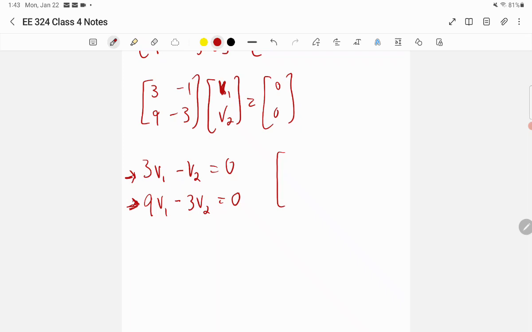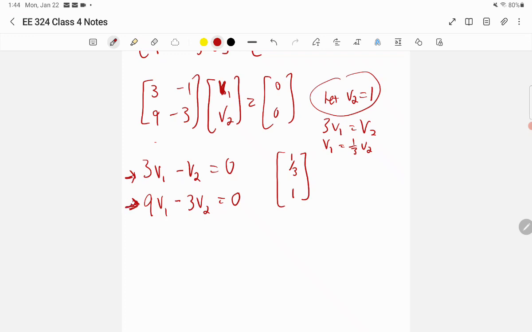vector. And this equation tells us that 3v1 is equal to v2, or v1 is equal to 1/3 v2. And so we could say let v2 equal to 1, then we would get 1/3, 1 as our vector.